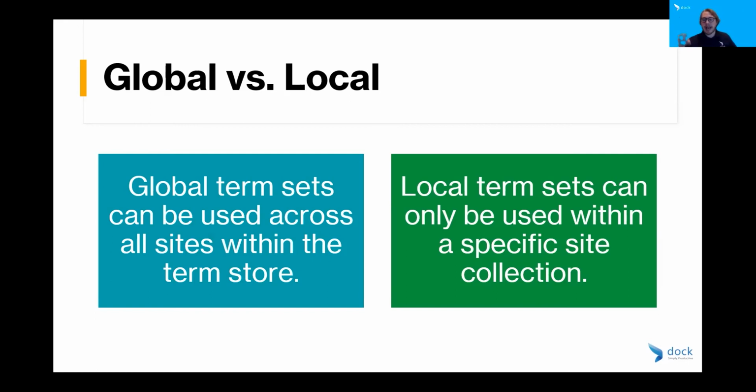You can actually add and create custom metadata tags within the list itself, and then those will be added back to your SharePoint term store. But we'll go into the specifics of that in a bit when I show you the actual term store itself. But essentially the breakdown is global can be used anywhere, local can just be used in a specific spot.